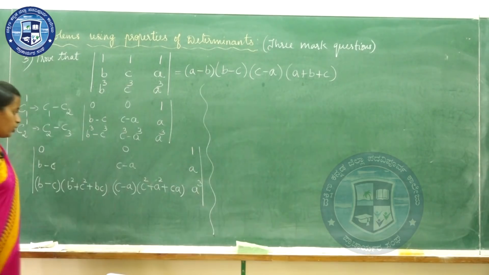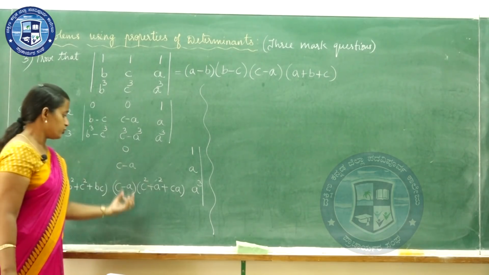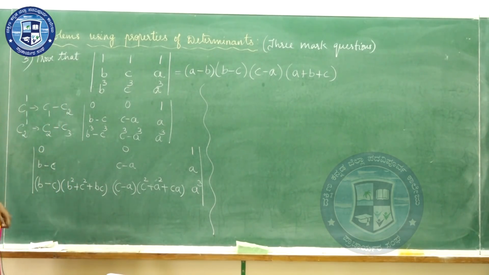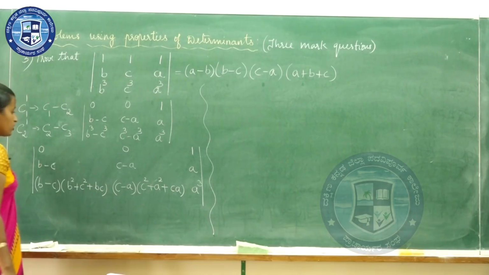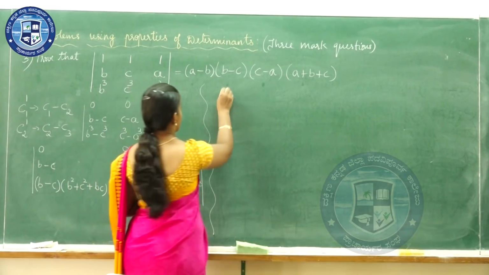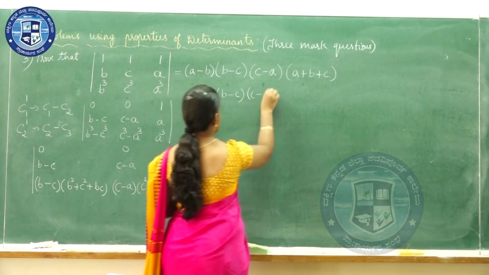1, A cube. Okay. Now observe column 1 and column 2. What is common? In the column 1, B minus C is common. Here it is 0, so you can take B minus C out. From column 2, C minus A out. So take those two terms out. So (B minus C) into (C minus A).